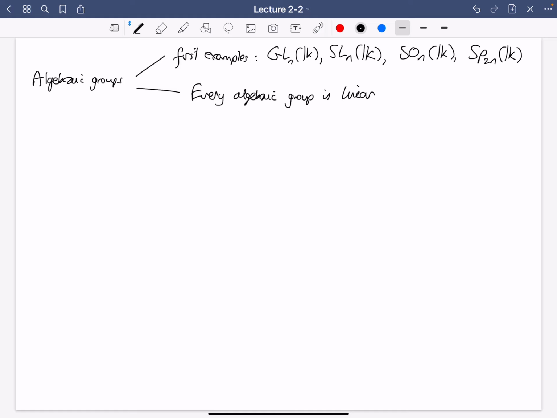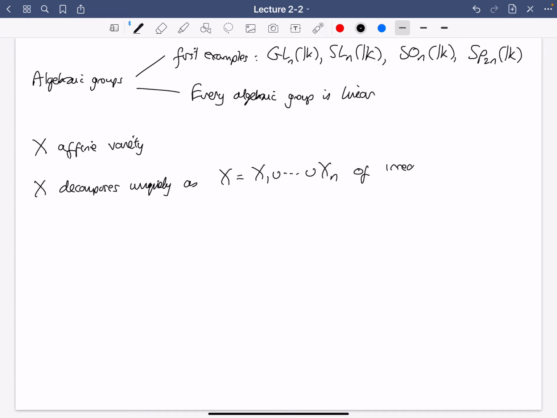Okay, so today I've got to just cover a couple more basic topics. One thing I didn't say yet from affine algebraic geometry, I didn't talk about irreducible components. If you have an affine variety, it decomposes uniquely as a finite union of what are called irreducible components.